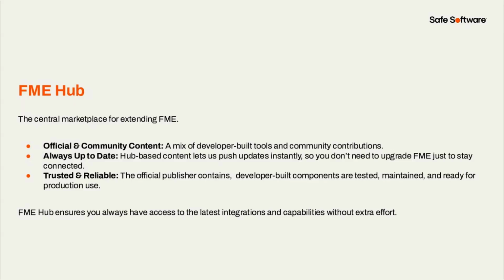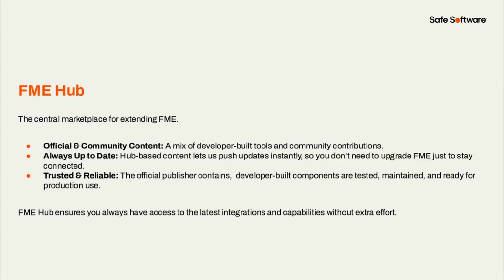Why do we post official content to the hub? It's really simple. It allows us to push out these updates instantly. So now we can update these packages in case something changes on the web services side, which allows you to stay up to date with our newest improvements for these ArcGIS connectors without you having to upgrade FME or data interop yourself.